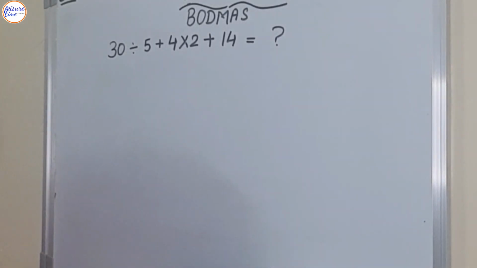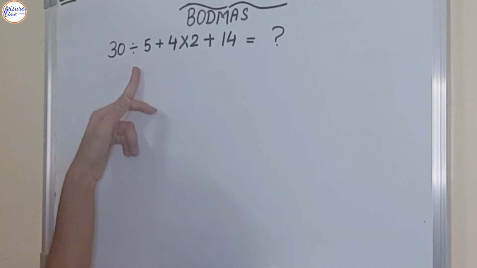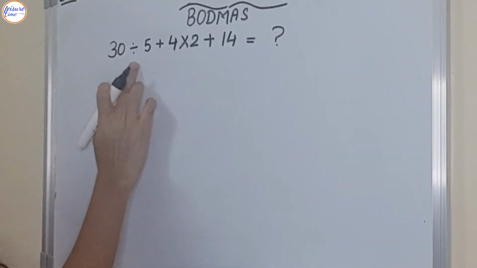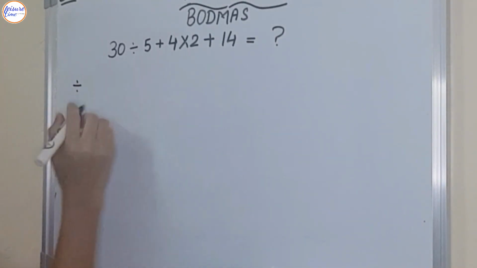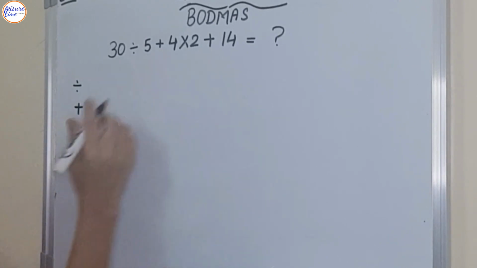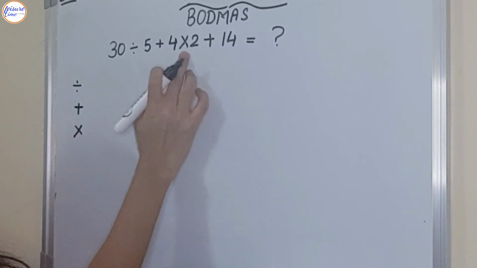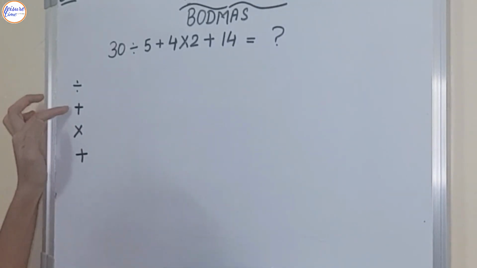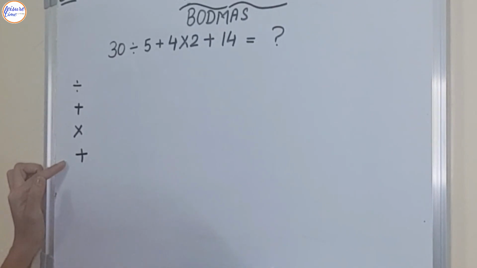Firstly, you should identify your operations. The first operation is division, second is addition, next is multiplication and again addition. So you have 4 operations, meaning 3 kinds of operations because addition comes 2 times.